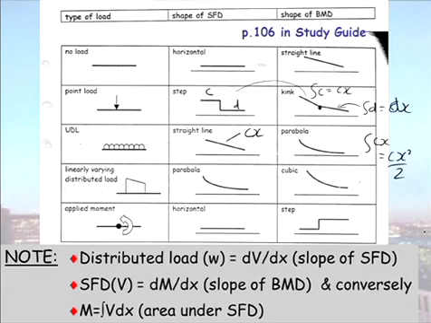For it to be a sad parabola shape, your loading will be applied upwards. When your loading is down, whatever parabola shape you go for, it's happy. We're not doing this one, so you can forget about that. The triangular load. An applied moment gives you a step.